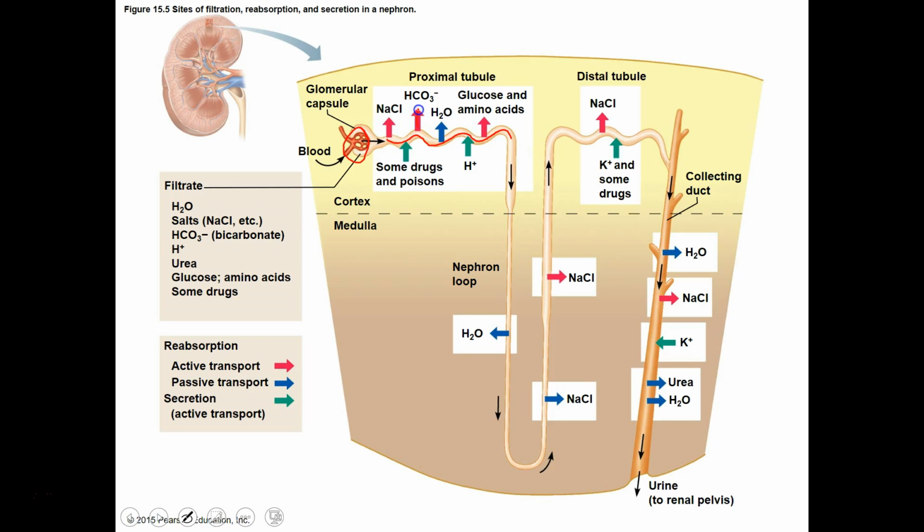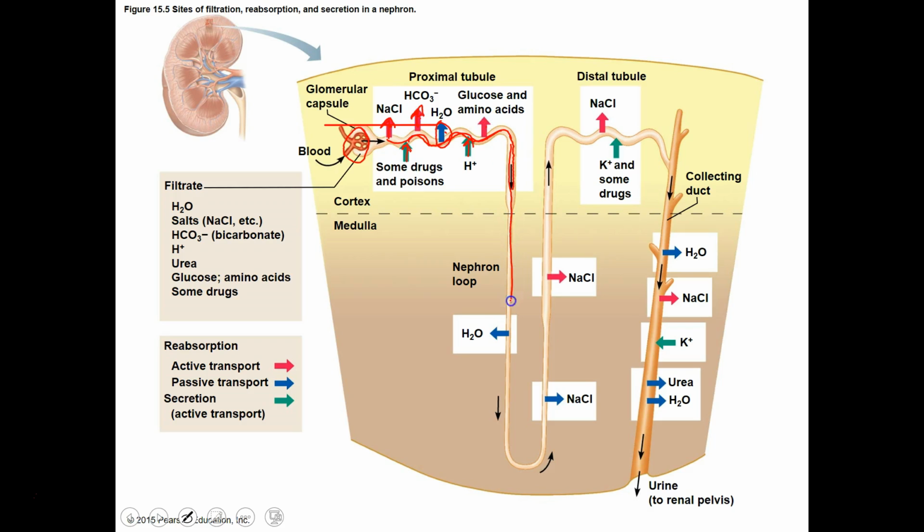Any arrow pushing out like this means it's being reabsorbed back into the body. An arrow pushing into the tubule means it's being gotten rid of into the collecting duct, okay? So some things are going out, lots of things are being reabsorbed. This continues on this path, but I want you to notice not much water right here is being reabsorbed. Most of it's nutrients that are being reabsorbed.